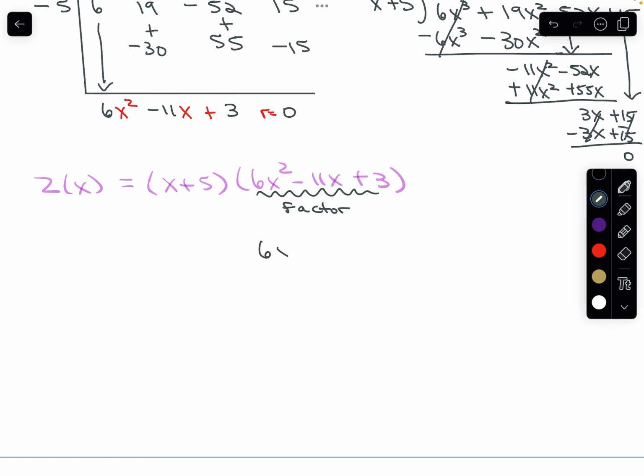Let's see. I'm just going to write it down again. This would be tricky, so I want to think about what multiplies to 18 and adds to negative 11. So pause the video for a second and try to factor that expression.